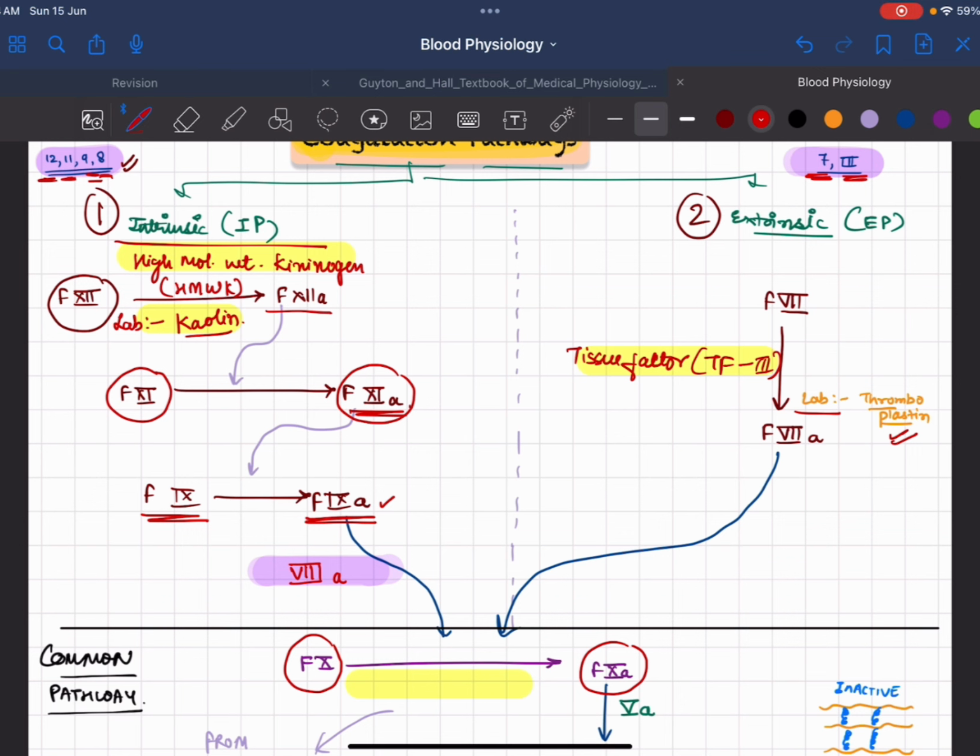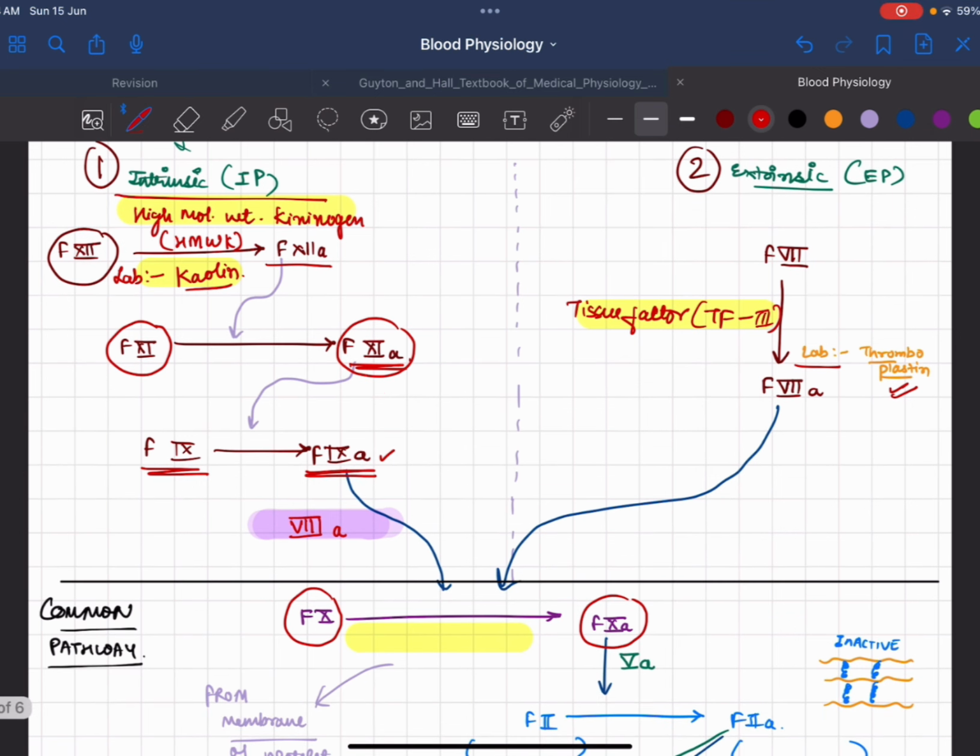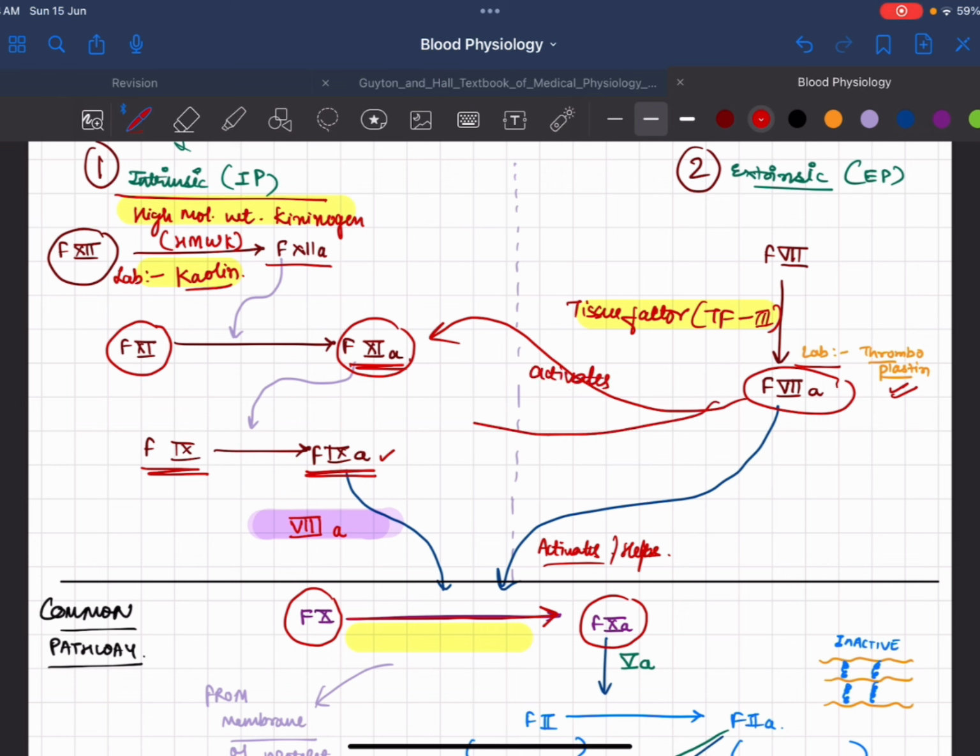So what does this 7 do? 7A does two things. Firstly, it helps in the conversion of 10 into 10A, but it also helps in the activation of two more factors which were part of the intrinsic pathway, that is 11A and 9A.